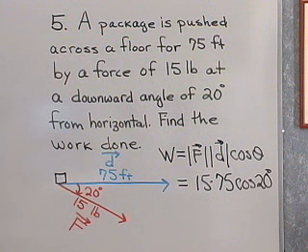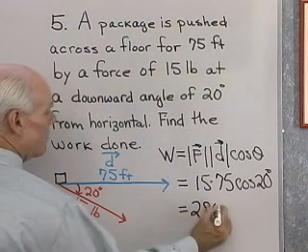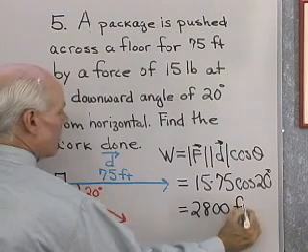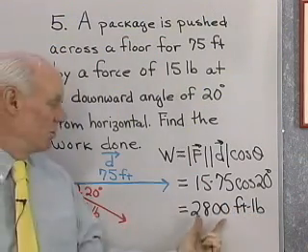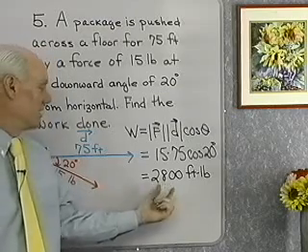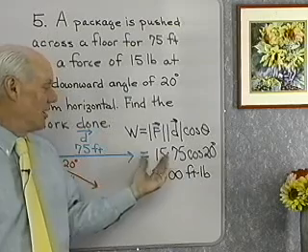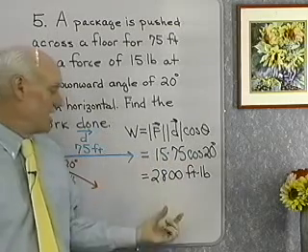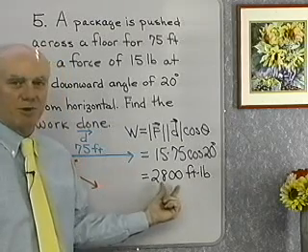Now if I do that calculation on my calculator and round off to 2 significant digits, I get 2,800 foot-pounds. Now I rounded this off to 2 significant digits right here because that's the accuracy I have with the numbers that are given in the problem. I have 2-digit accuracy, so I'm going to go down here with significant figures and round this off to 2,800 foot-pounds.